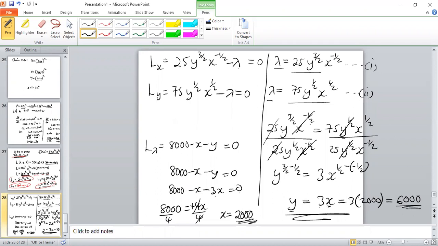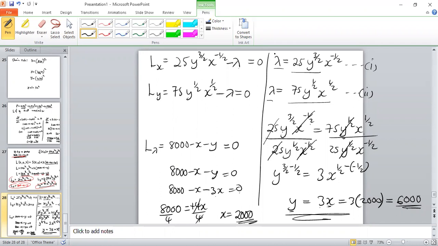And this gives you 2,000. So you have found the values of x and y. The money spent should give you 8,000. Are you getting 8,000 when you add the 2,000 plus the 6,000? Yes. So x is 2,000 and y is 6,000.